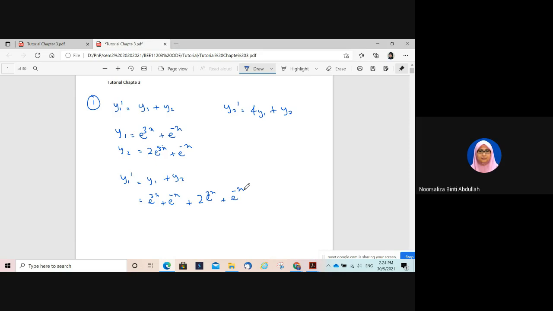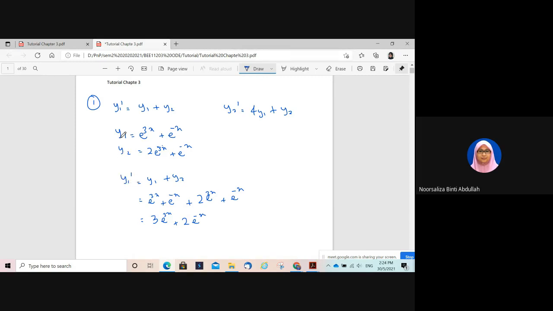So equals this one plus this one, you get 3 exponent 3x plus exponent minus x minus 2 exponent minus x. So this is what you get from Y1 prime.